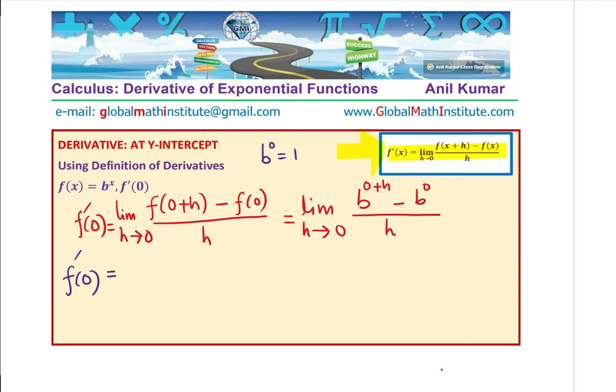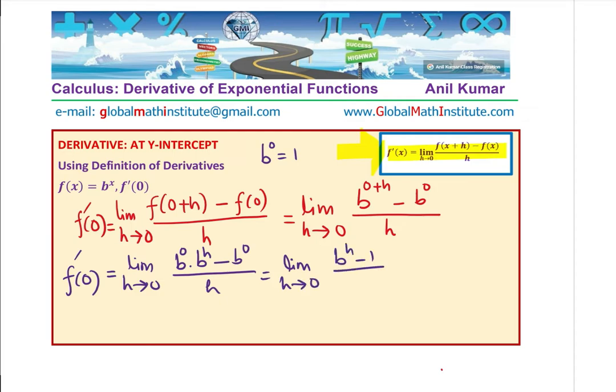f prime at 0, which is the y-intercept, is limit h approaches 0 of b to the power of 0 times b to the power of h minus b to the power of 0 over h. Now since b to the power of 0 is just 1, I could write this as limit h approaches 0, b to the power of h minus 1 over h.